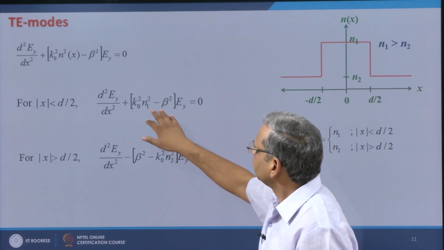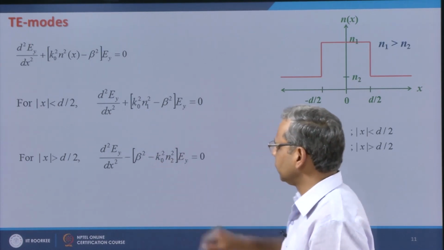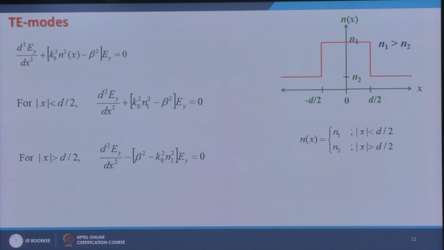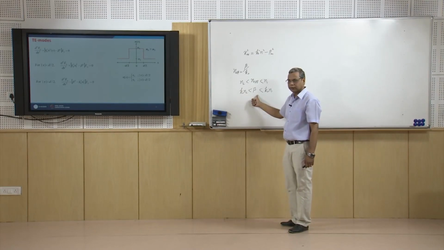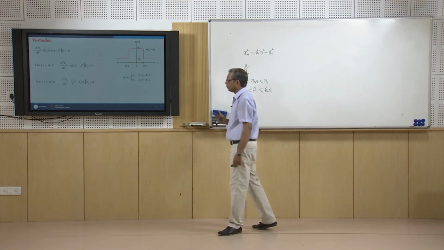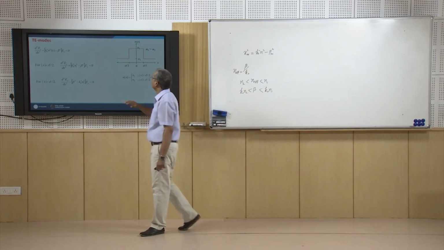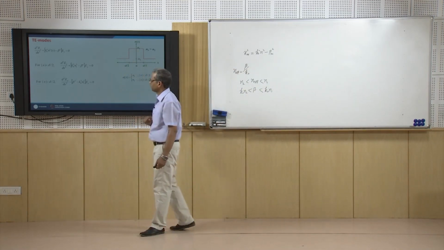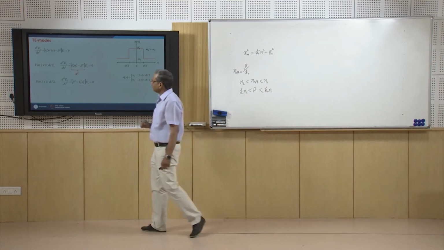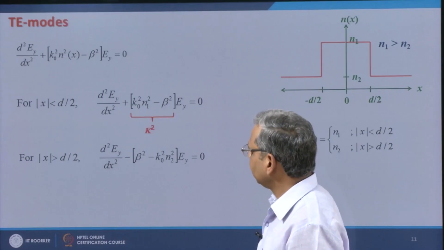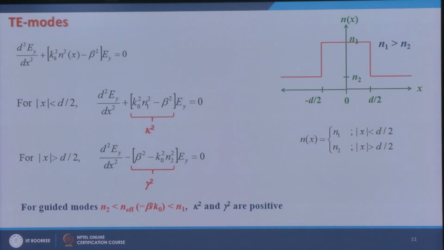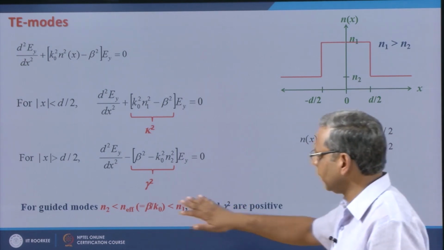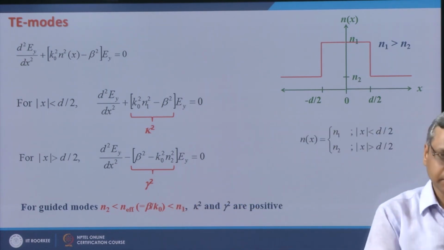So that this is positive here and this is also positive here, because I am going to solve it for the condition of guided modes, for which the energy would be confined into this region. So, I represent this as kappa square and this as gamma square, and these kappa square and gamma square are positive for guided modes, as I have explained.